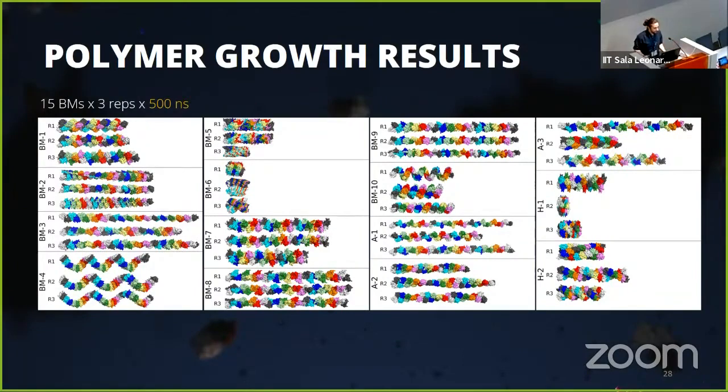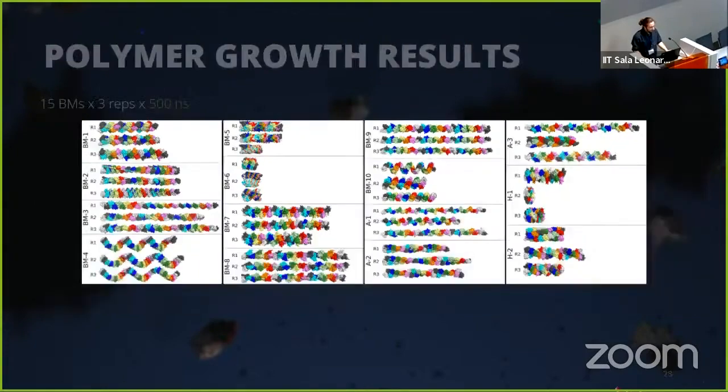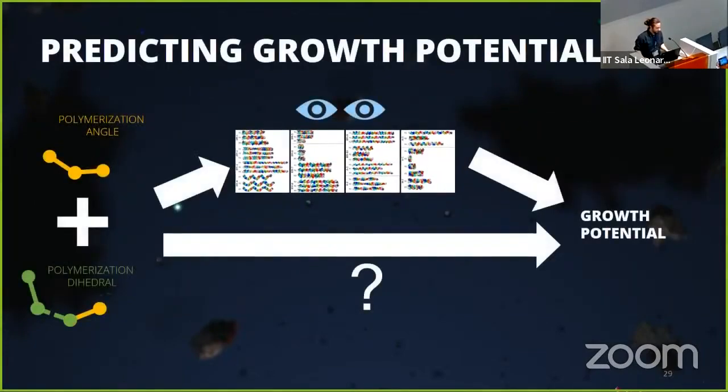Of course, we could do this for all the frames of our simulation, but it's 22.5 microseconds, and having to add all these monomers to all the structures at each point in time, and then having to inspect it visually would be, well, very heavy.